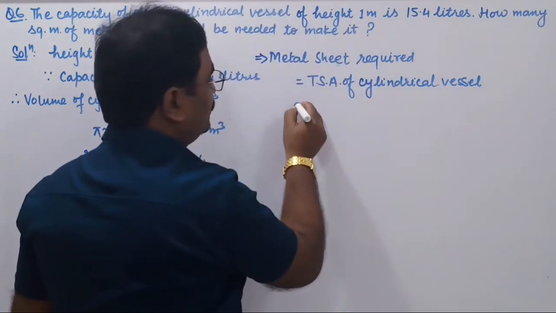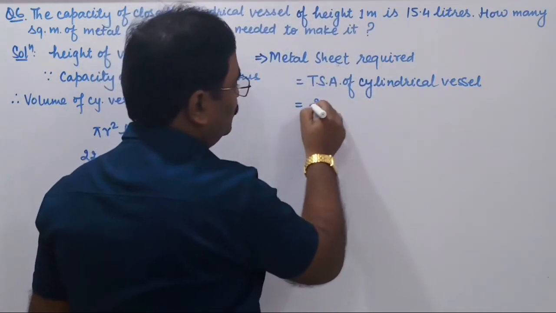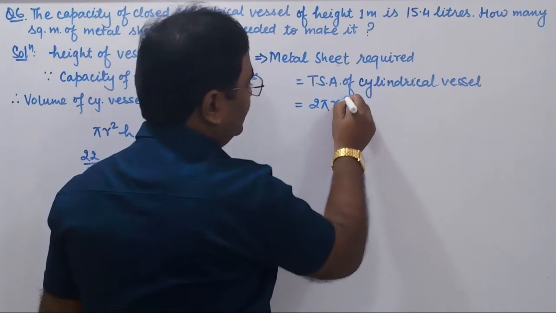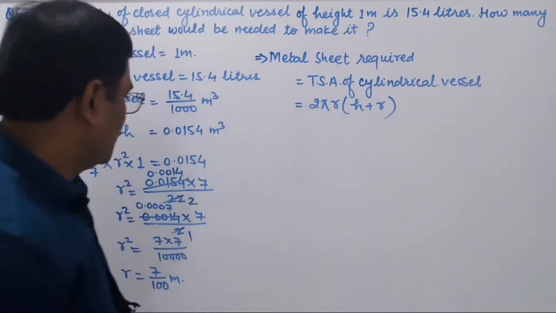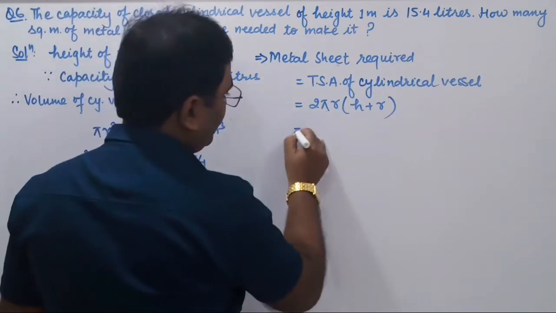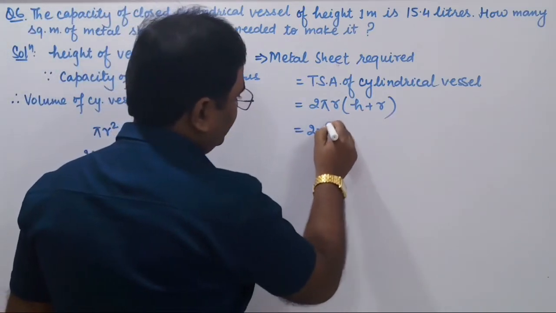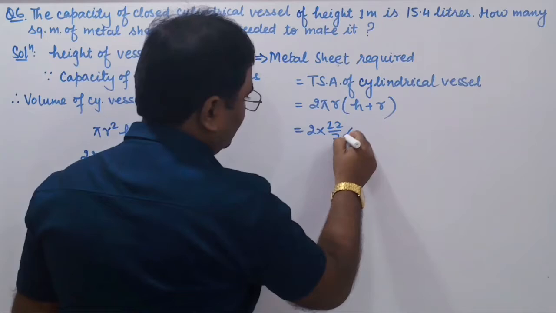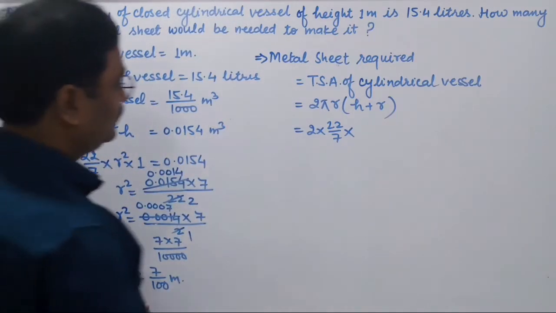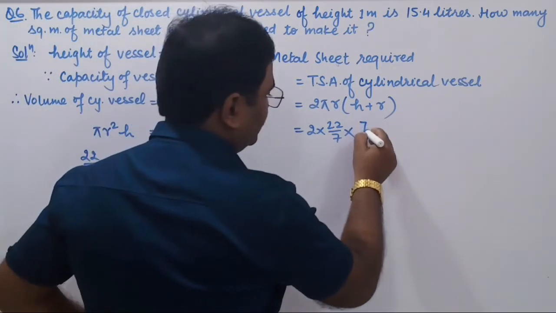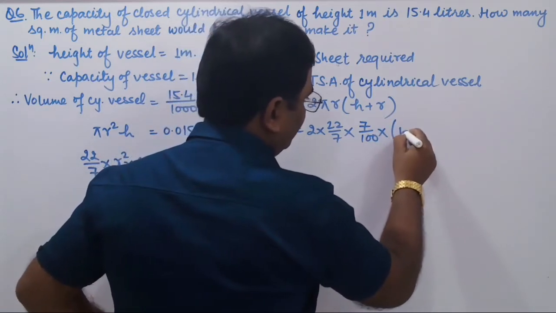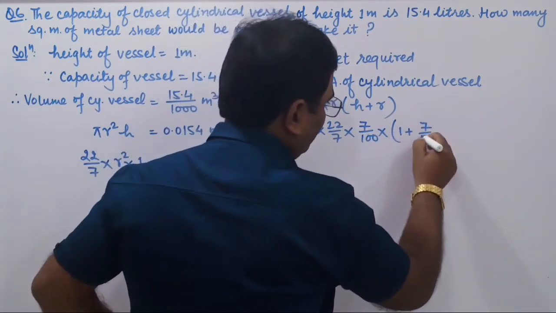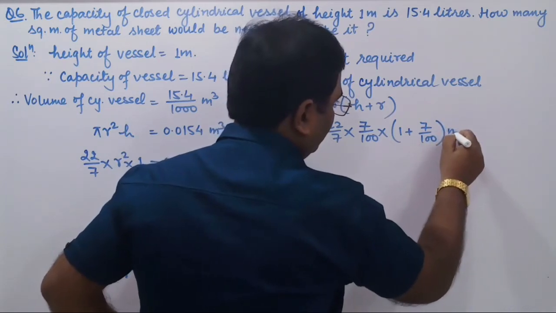And the formula for the total surface area of a cylindrical vessel is 2 pi r into h plus r. Substitute the values. 2 pi is 22 upon 7, radius is 7 upon 100 meter, multiplied by height is 1 meter plus 7 upon 100 meter.